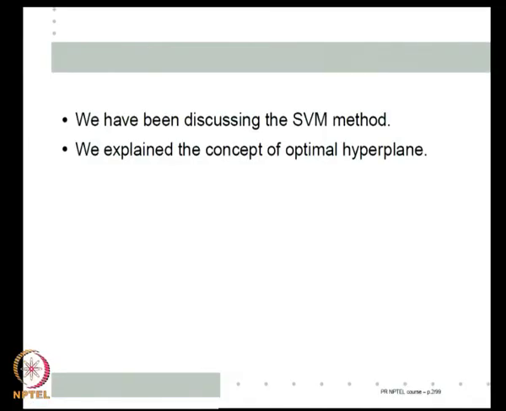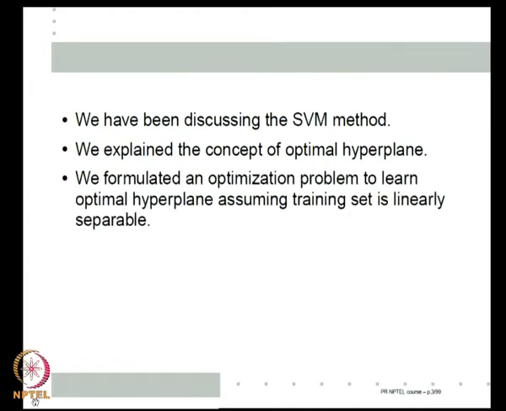So, to briefly review, we have been discussing the SVM method, and the one major new concept is the optimal hyperplane. We formulated the optimization problem of how one learns an optimal hyperplane.